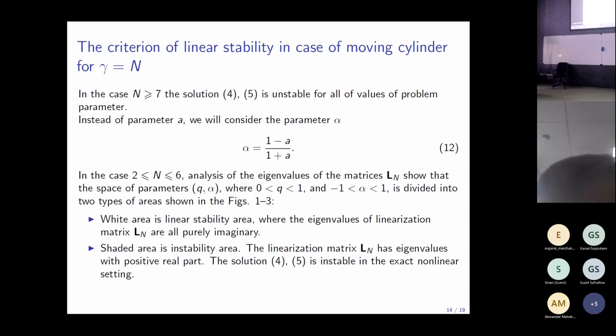From this analysis, we have the criteria of linear stability in the case of a moving cylinder for gamma equal to n. In the case n is greater than or equal to 7, our solution is unstable for all values of the problem parameters. Instead of parameter A, we will consider the parameter alpha, given by this formula.